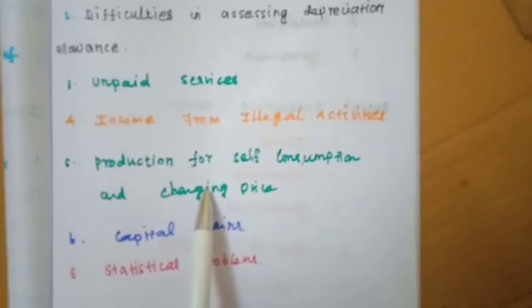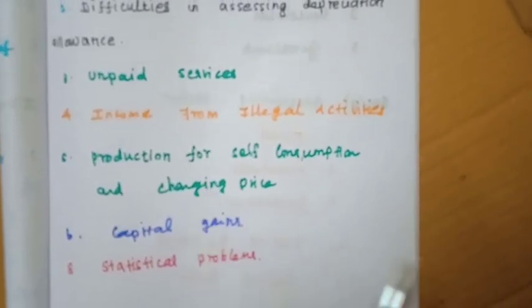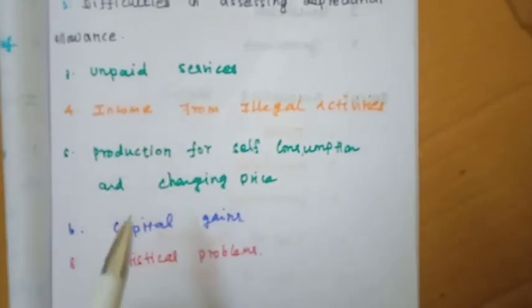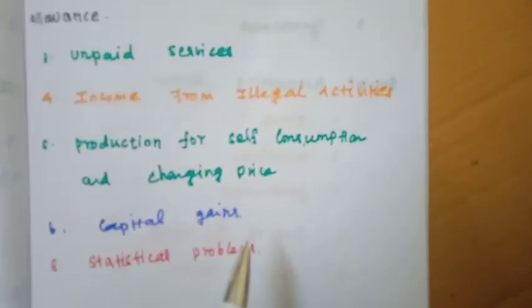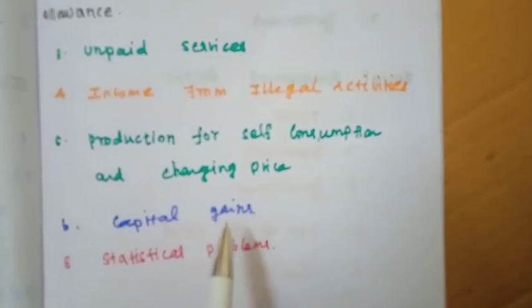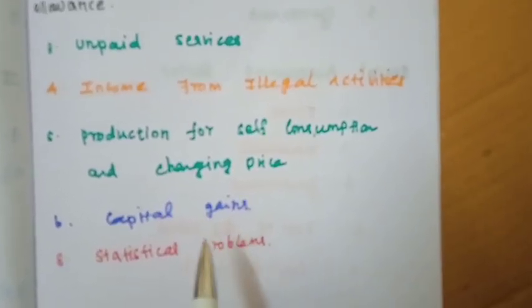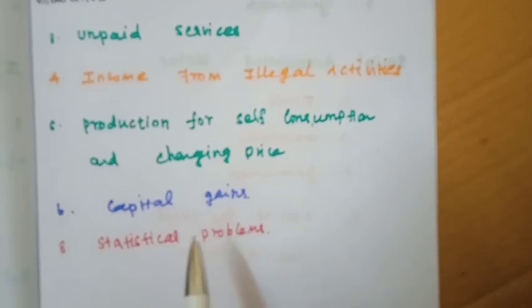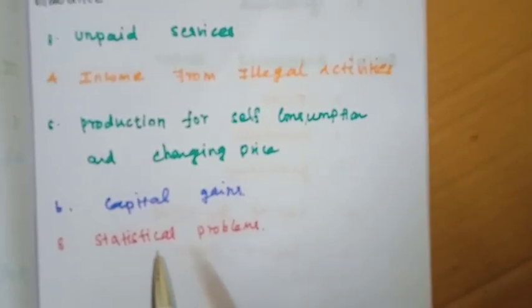The national income by product method measures the value of final goods, but self-consumption is not included in the final goods. To solve this problem of rise or fall in prices, economists calculate the real national income at constant prices using the consumer price index.